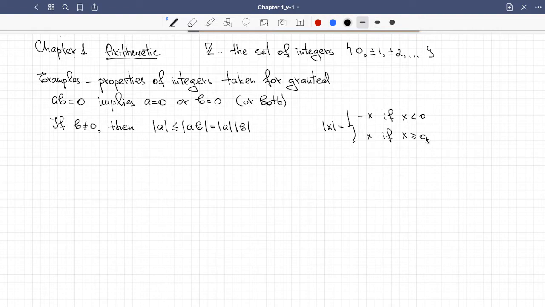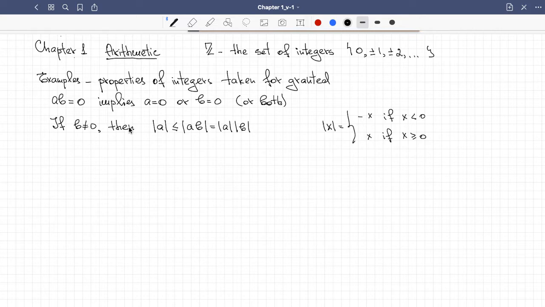Here is a less common and less obvious property which we also take for granted, and it probably requires some comments.